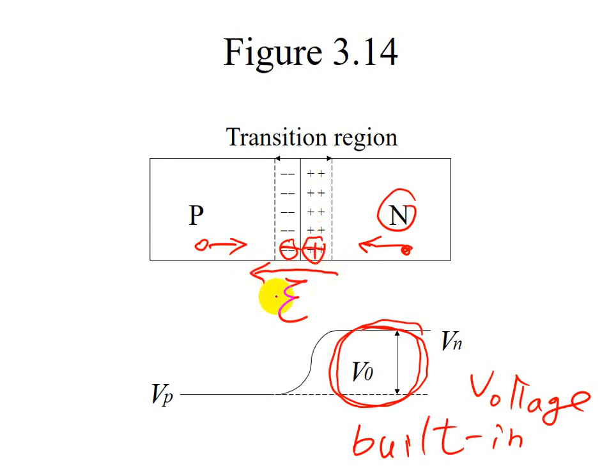The electrical field is trying to push the holes to the left, against the natural diffusion of holes to the right, and trying to push electrons to the right, again against the natural diffusion of electrons from the n side moving to the left. Eventually, when it is balanced, it forms a built-in voltage.